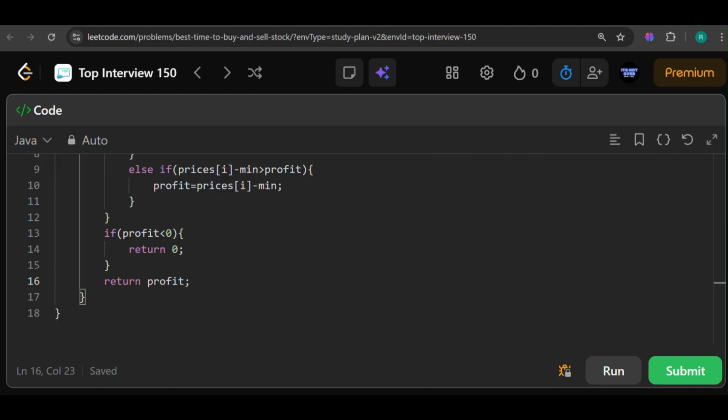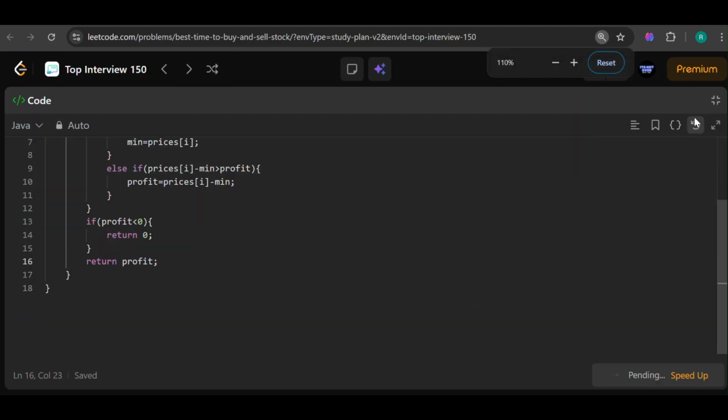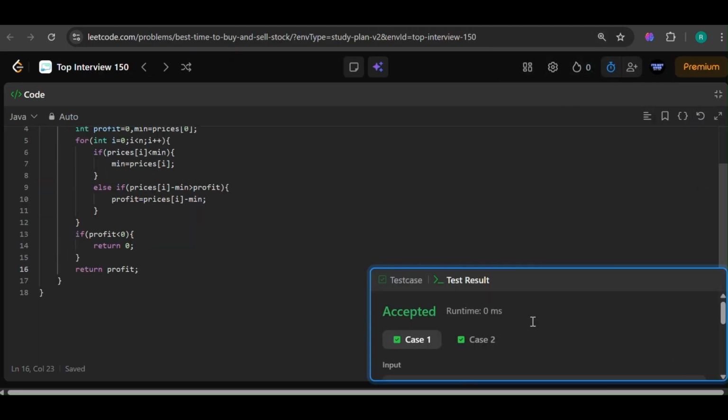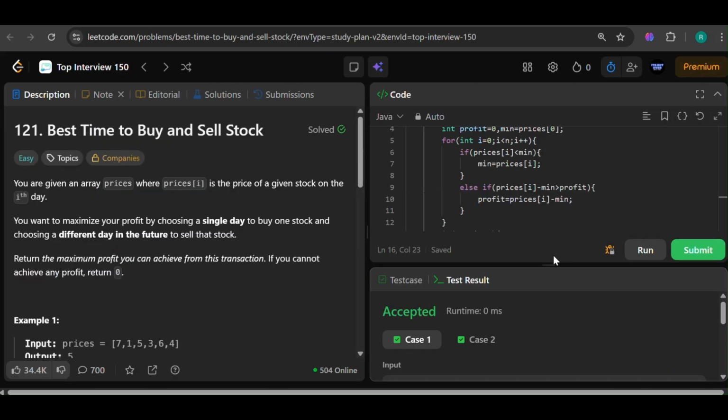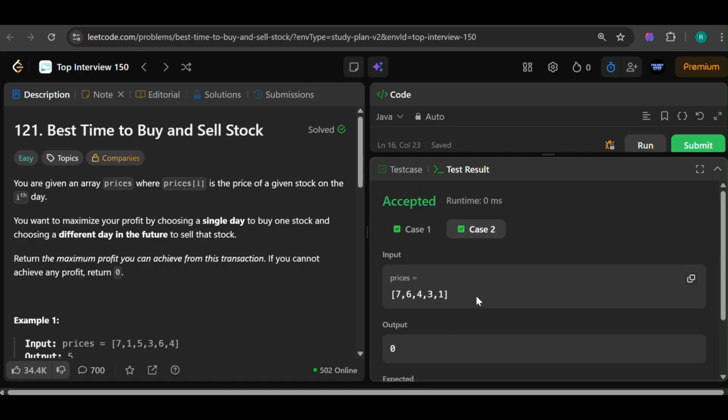Okay, let's run the code. Okay, it will be accepted. See, it satisfies both the cases. In case 2 also, see, this is my prices array, 7 6 4 3 1.